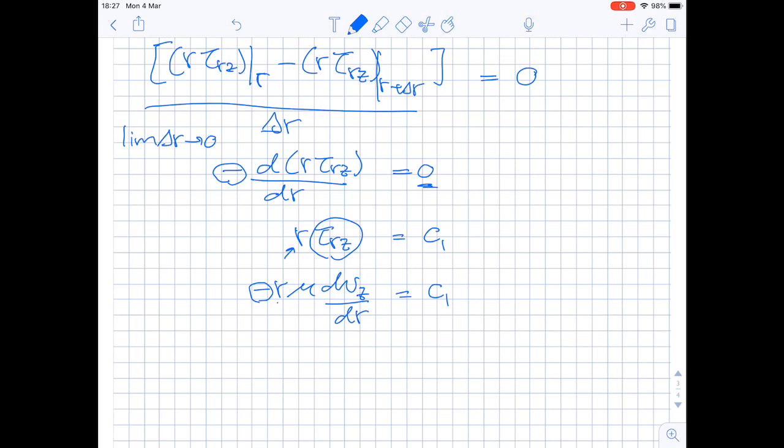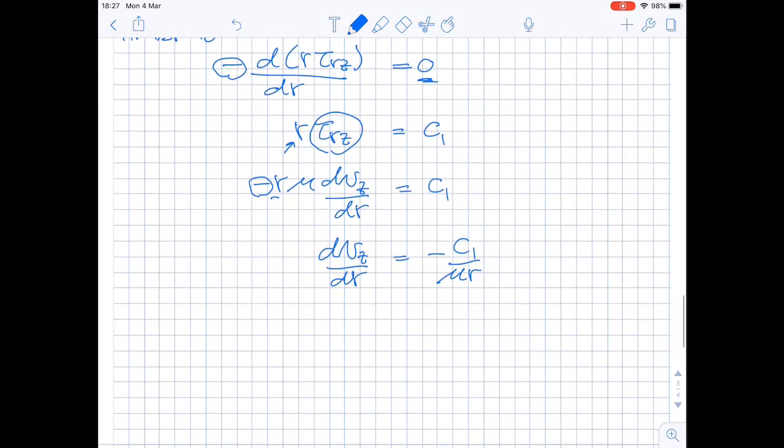So if I take r and mu to the right hand side, I can write the equation to be minus C1 over mu r, which can be integrated to get Vz equal to minus C1 over mu logarithm of r plus C2. Let me call this equation the first equation.